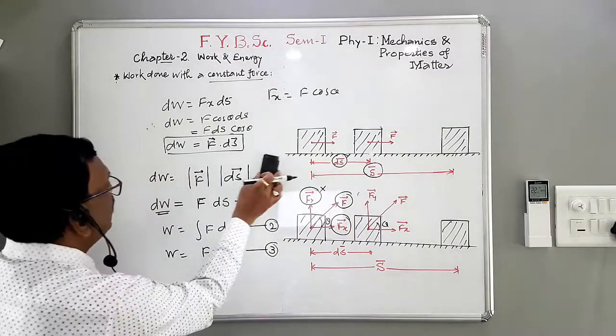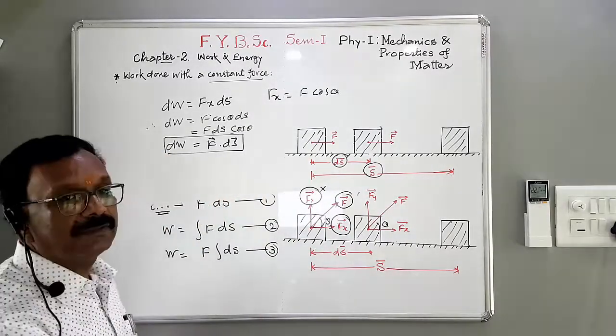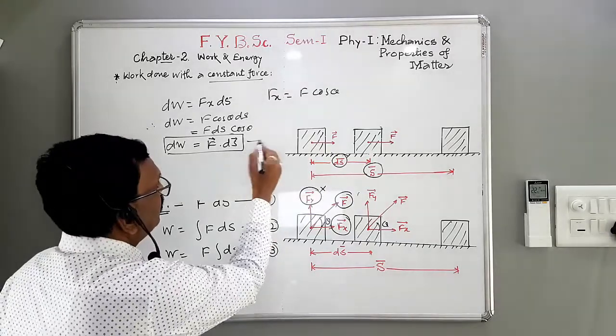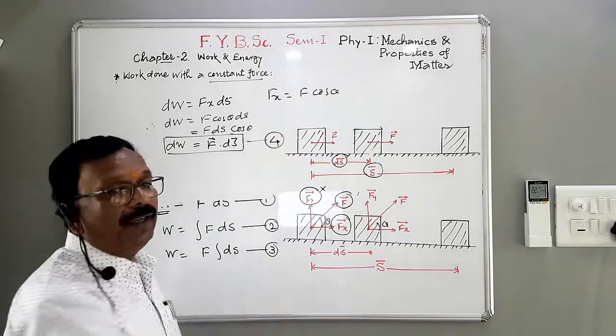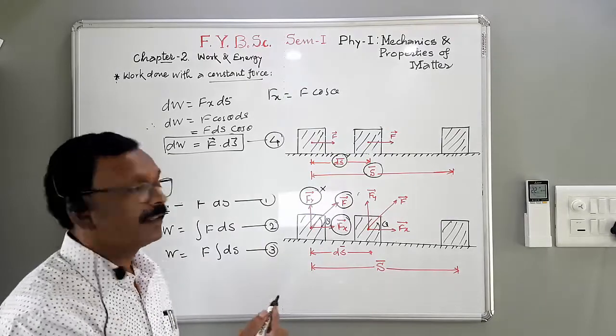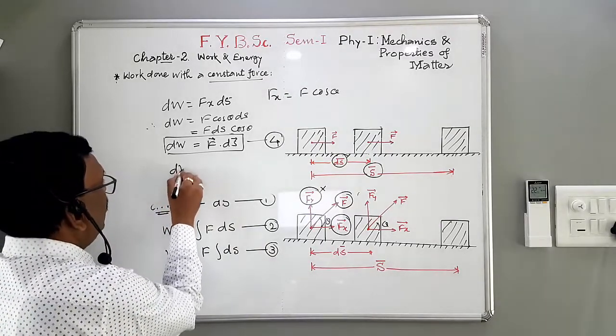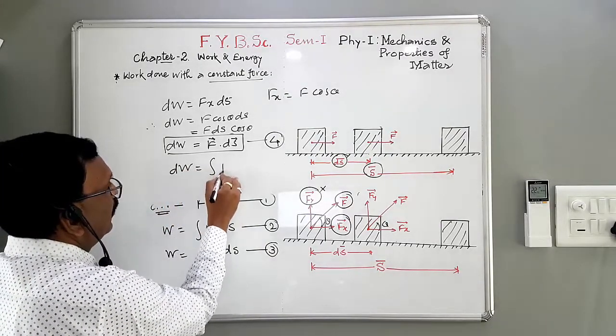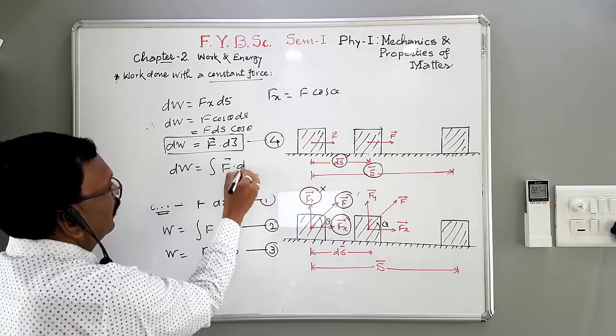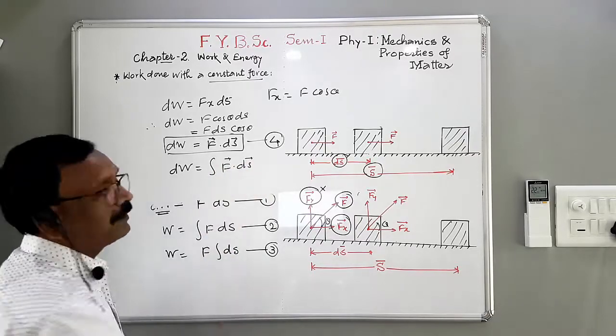We have to integrate this equation. Suppose this equation is number 4. When we integrate this equation, we can write W is equal to integral of vector F dot vector ds.